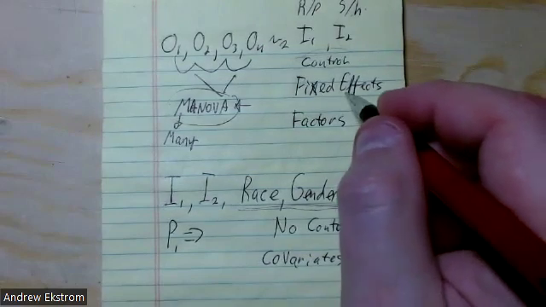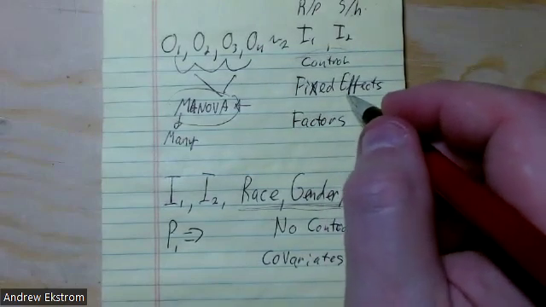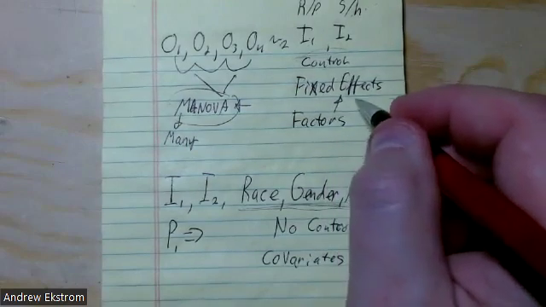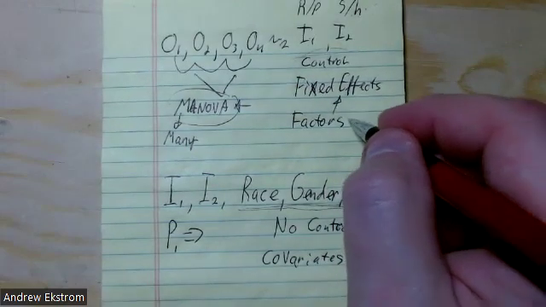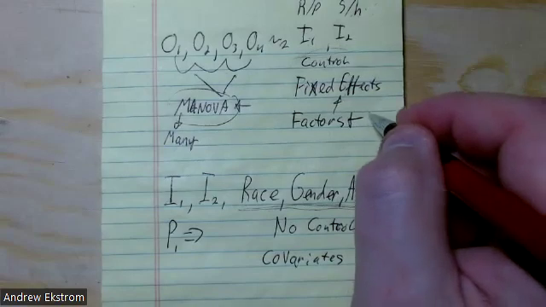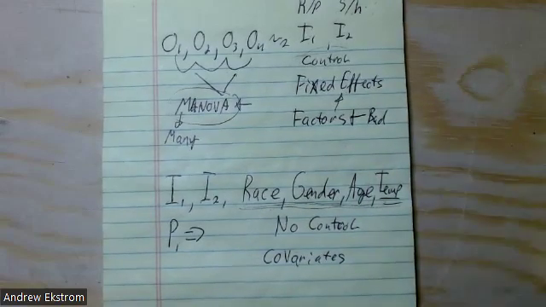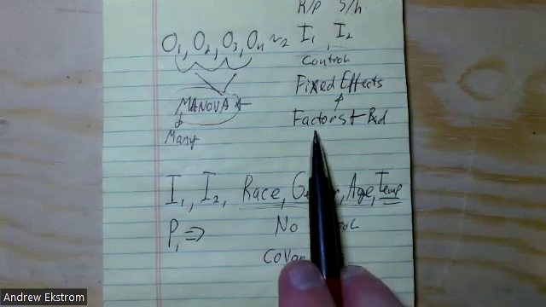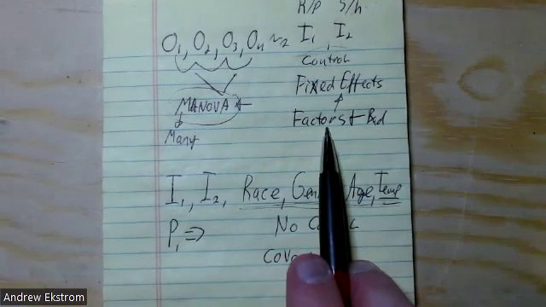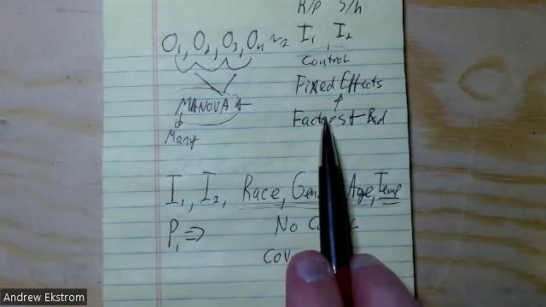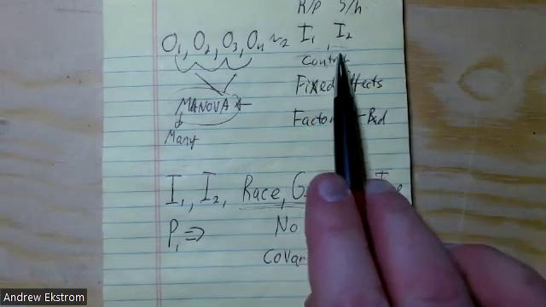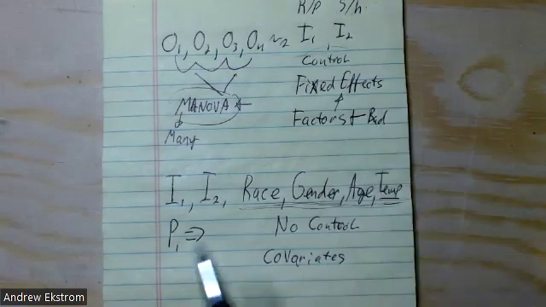All factors are fixed effects, but not all fixed effects are factors. So I think this is actually a bad term to use for the independent variables or the input variables or the predictor variables, whatever you want to call them. But under very specific conditions, factors are the fixed effects, which you do have control over and so on.